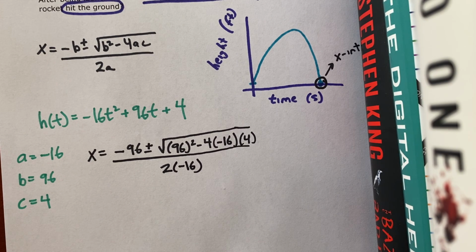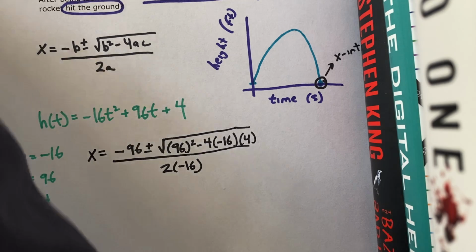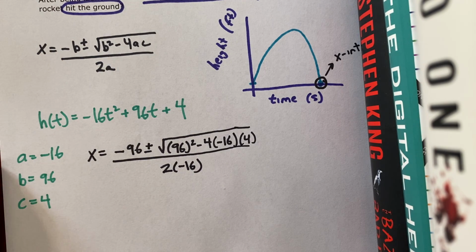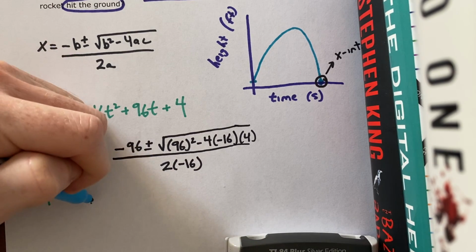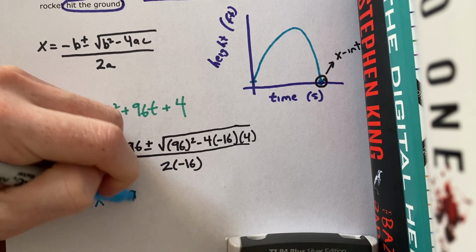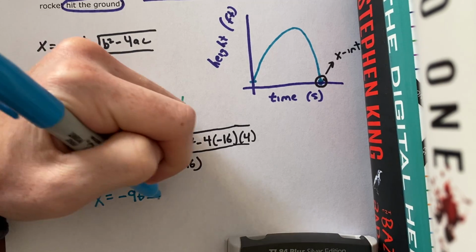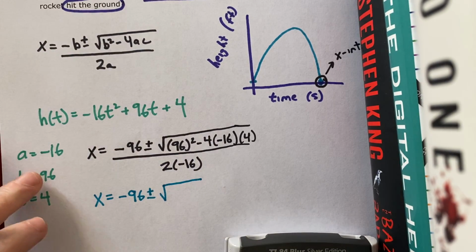It doesn't change. We've done this a billion times, so hopefully you guys are getting more comfortable with the quadratic formula. Hopefully you know that the part you do next is the discriminant, everything under the square root sign. So I get x equals negative 96 plus or minus the square root. I'm going to type this in now.